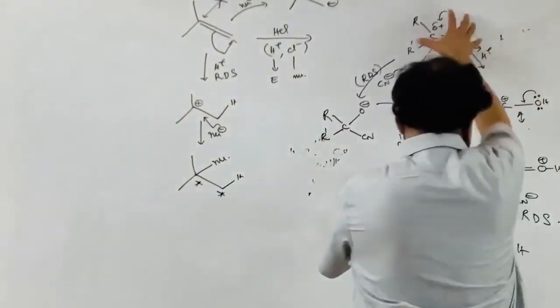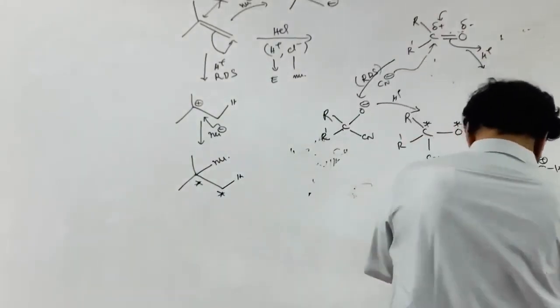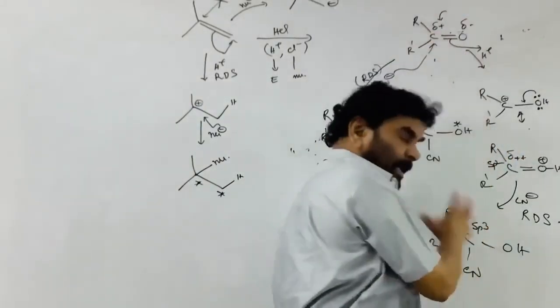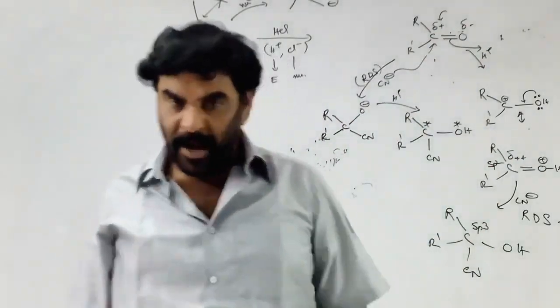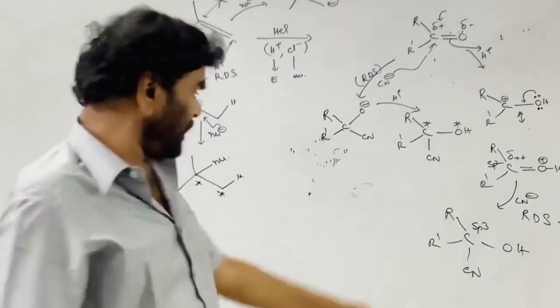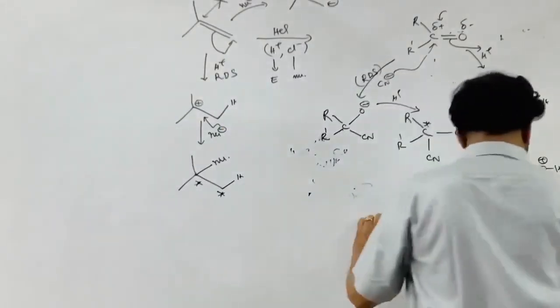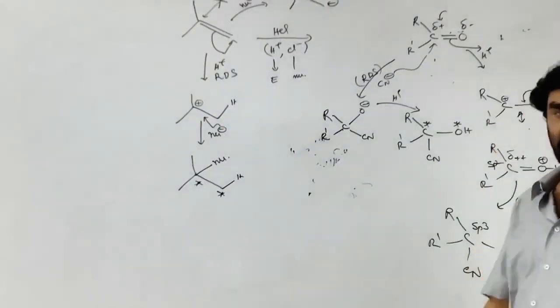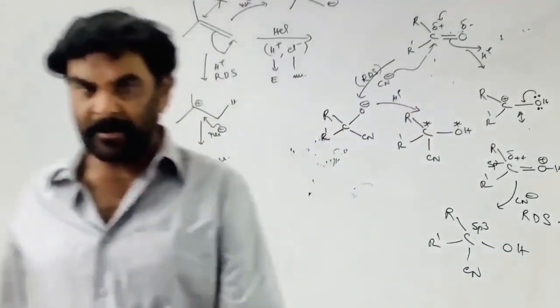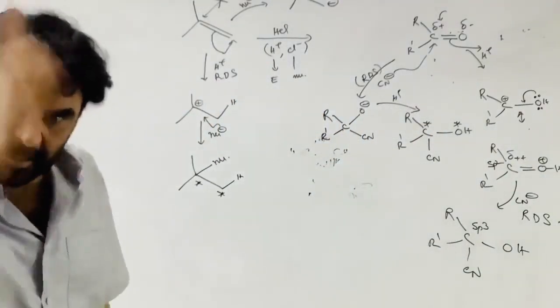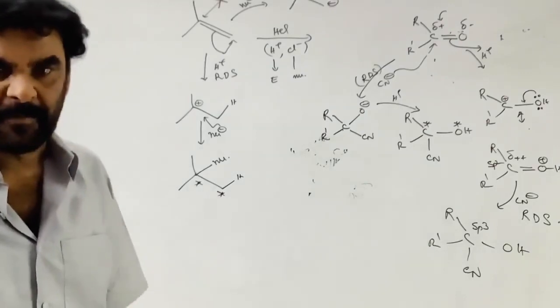Three groups at 120 degrees are converted into four groups at about 110 degrees, so the number of groups increases and the steric repulsions increase. Therefore, the attack and formation of the tetrahedral intermediate is a high-energy process.